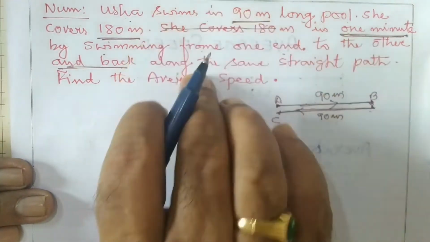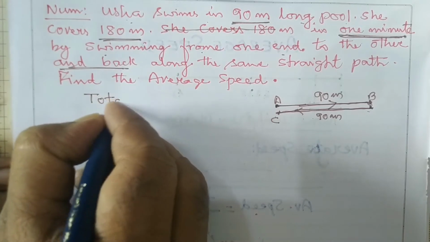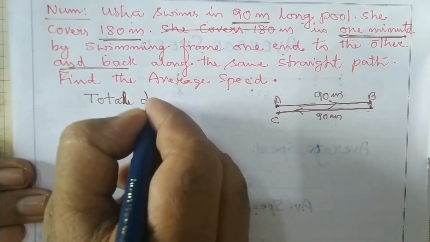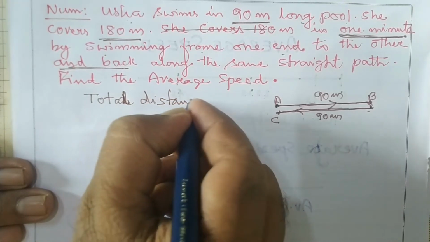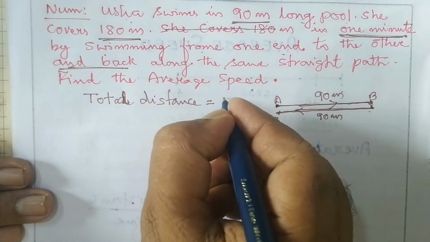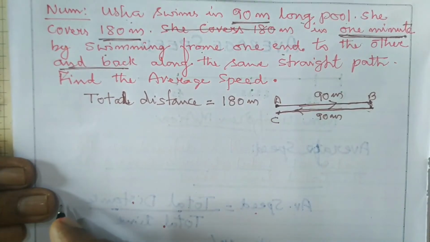So from this question, first we have to write total distance. Total distance is equal to 90 plus 90. Already they have given it as 180 meter. You write it as 180 meter.